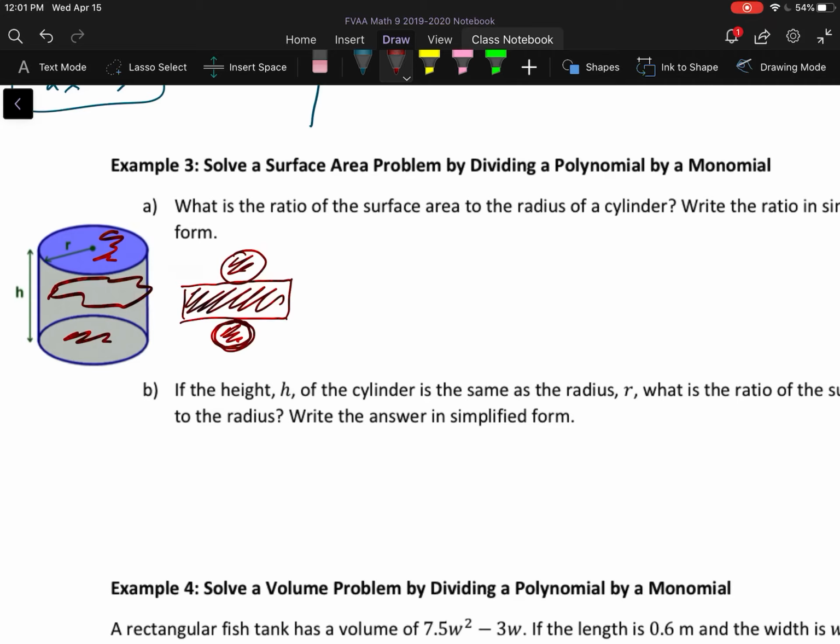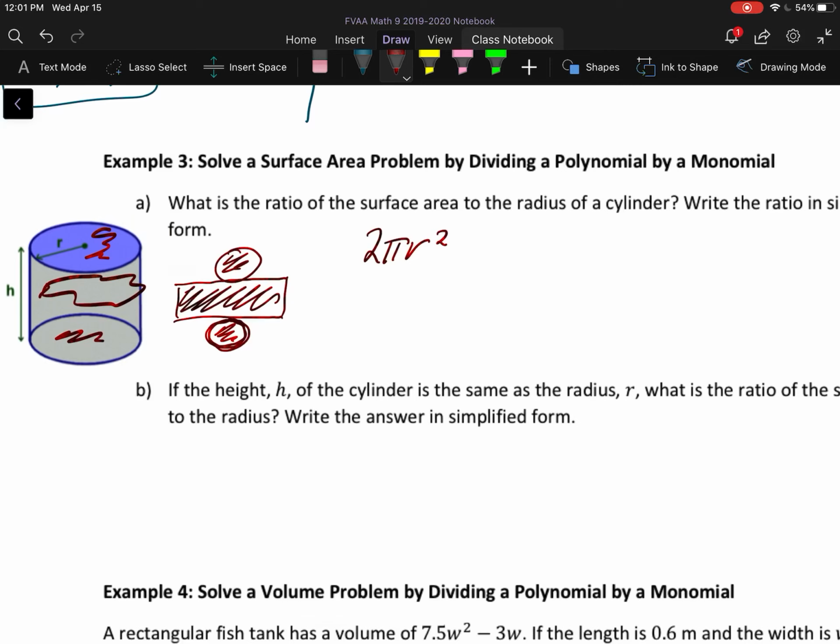For the surface area of the top, my equation is pi r squared. That's how to find the area of a circle. I have 2 of these, so I can say it's 2 pi r squared. Then plus the surface area of this rectangle here. The height of the rectangle is just h.